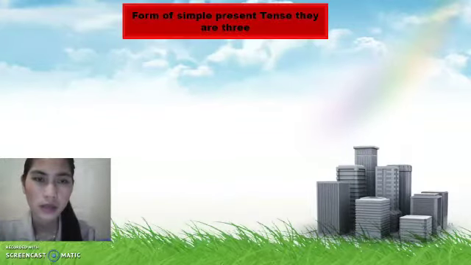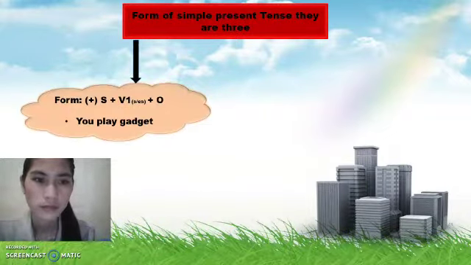And next is form of simple present tense. There are three. The first is form of positive is subject. Subject is I, you, they, we, she, he, it, plus verb 1, s or es plus object.